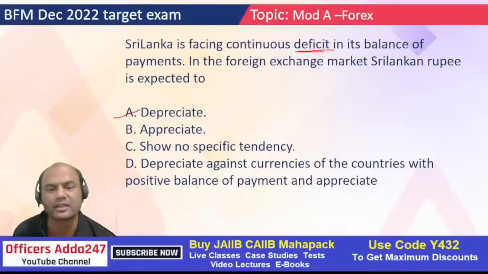So it has nothing to do with the BOP. It's the growth which determines any country's currency in the long term. Growth means economic growth. That is the point which decides any country's currency rate. So it will depreciate over here.